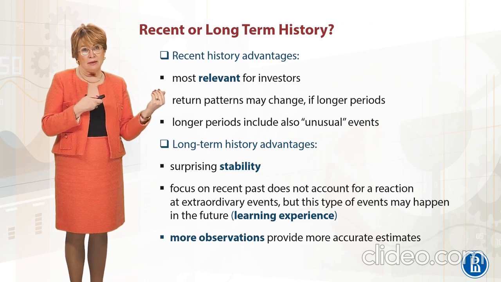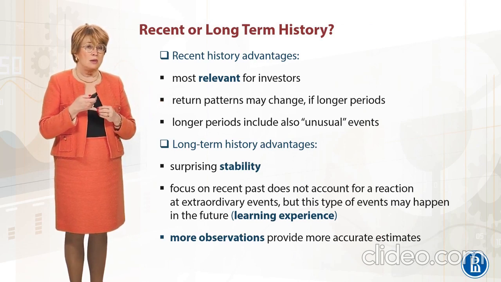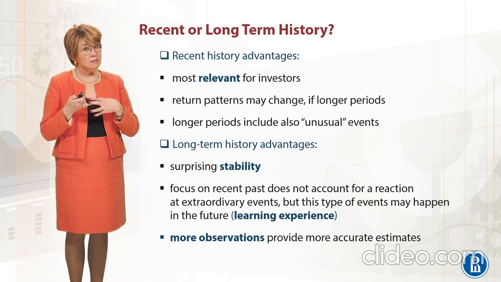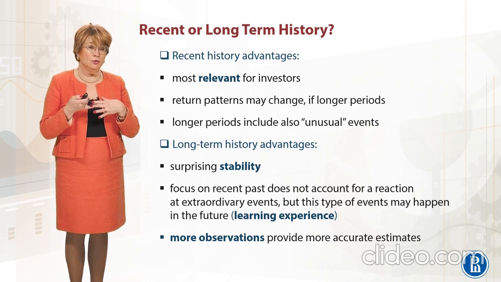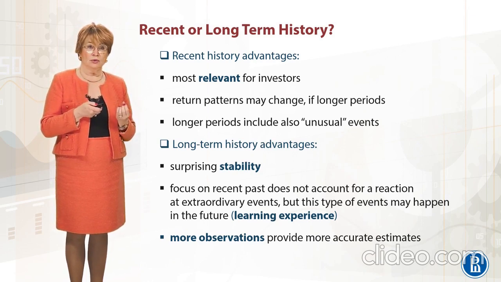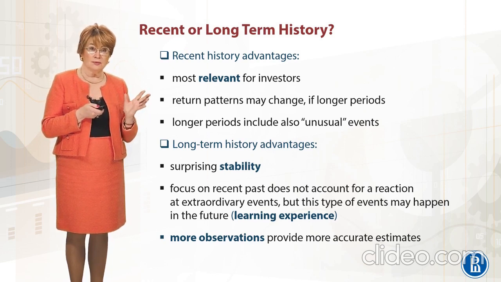If we look back at that data to compute the market risk premium, whether we should stick to some recent history period or follow the Ibbotson Associates conception and look at the long-term period of time. Each of the approaches will have pluses and minuses.